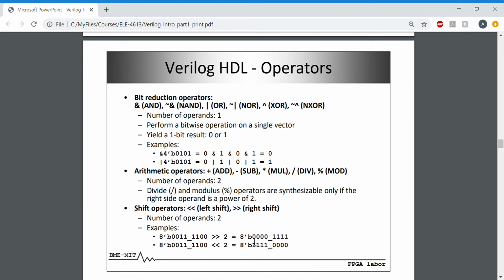And the upper 2 zeros are going to be injected. Same thing going left: you move and inject 2 bits here. So this is shift right and this is shift left.